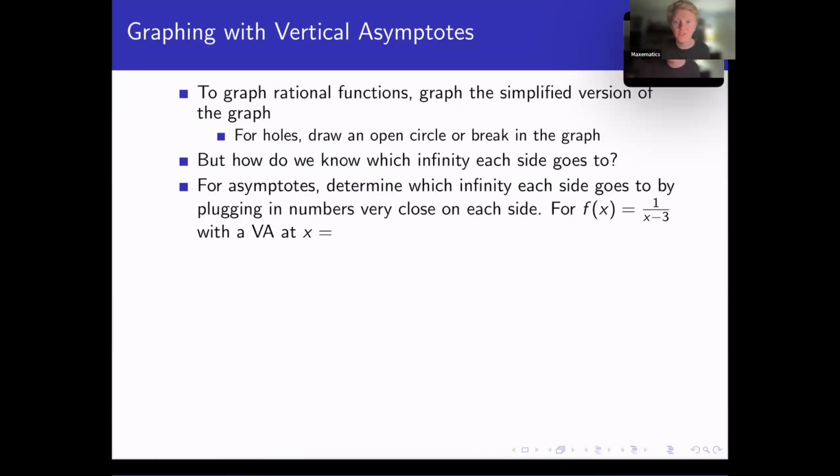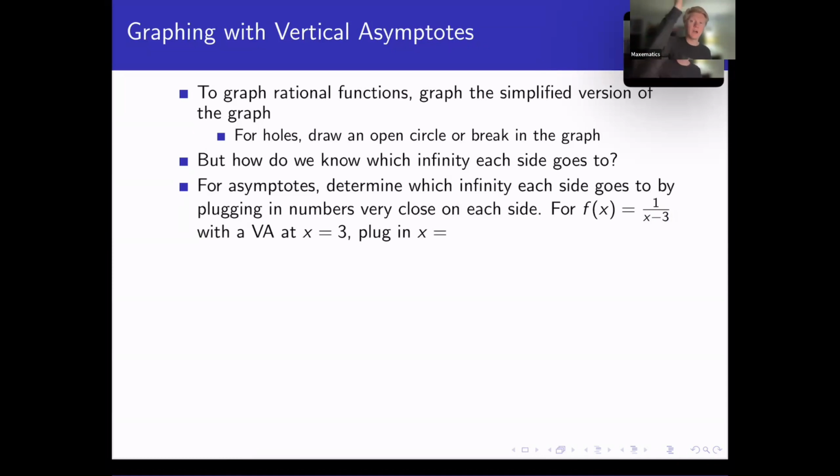So let's do the example 1 over x minus 3. Well, this is fully simplified, nothing else we need to do. And when we set this new denominator equal to 0, we get a vertical asymptote at x equals 3. So to take care of a vertical asymptote at x equals 3, we need to figure out what's the behavior as we get closer to 3 from the left.